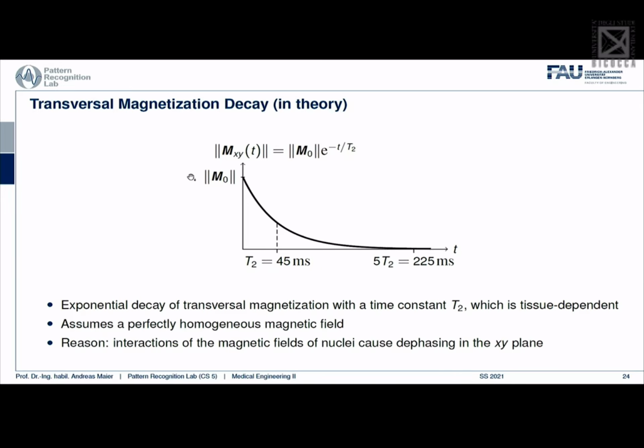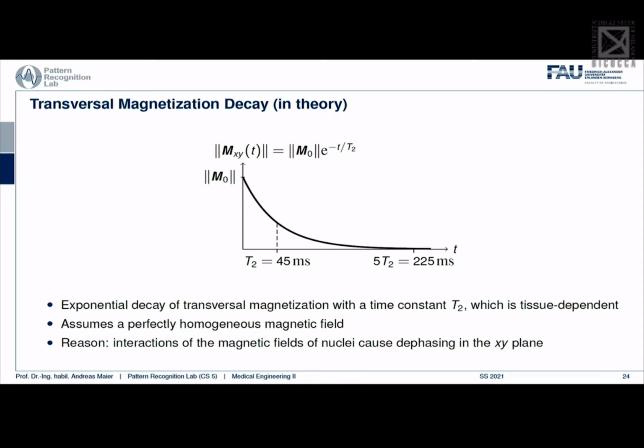The transversal magnetization instead has an exponential decay, and it's characterized by a specific time which is called T2. Again, this one is also tissue dependent. This one is attained assuming a perfectly homogeneous magnetic field.